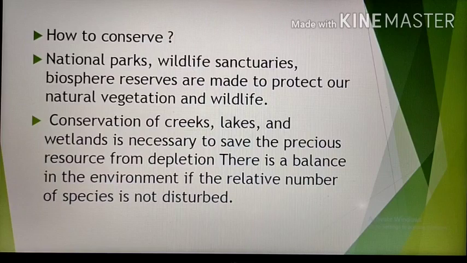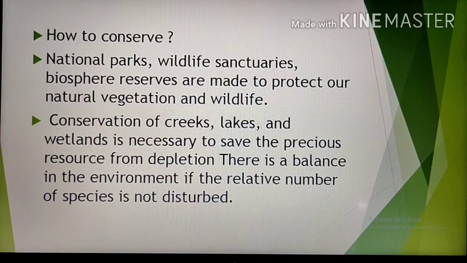National parks and wildlife sanctuaries and biosphere reserves are made to protect our natural vegetation and wildlife. A national park is actually a natural area designated to protect the ecological integrity of one or more ecosystems for the present and the future generation.